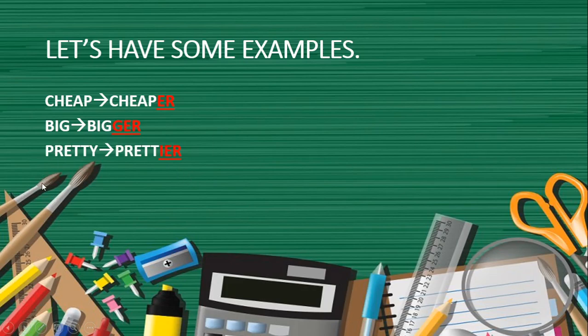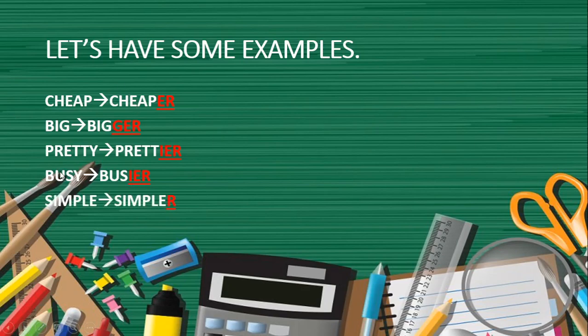And then we have pretty, prettier, right? Then we have busy, busier. You see? It ends in a consonant before Y. And if the adjective ends in a consonant before Y, we need to erase the Y and add IER. Okay?